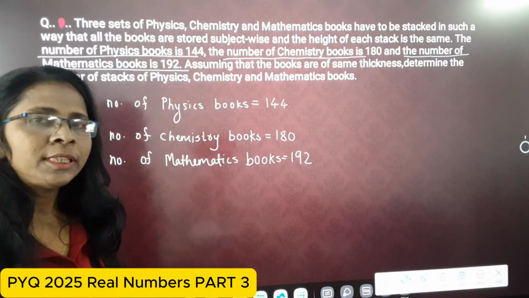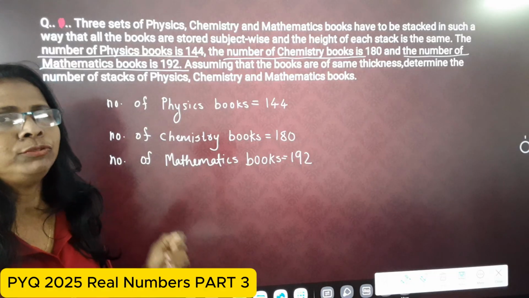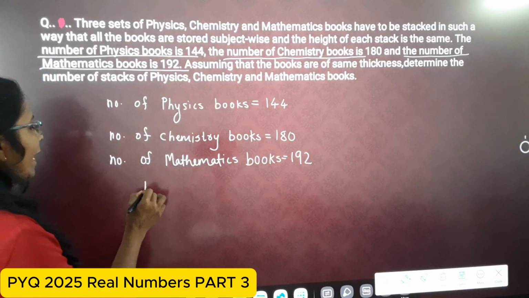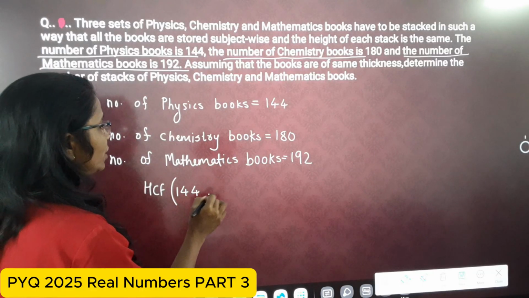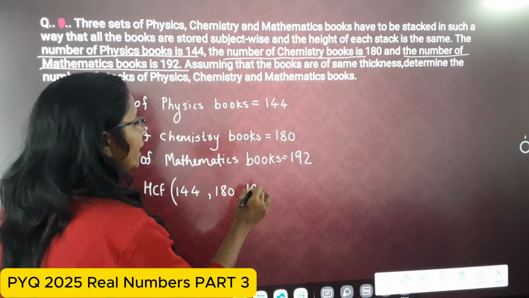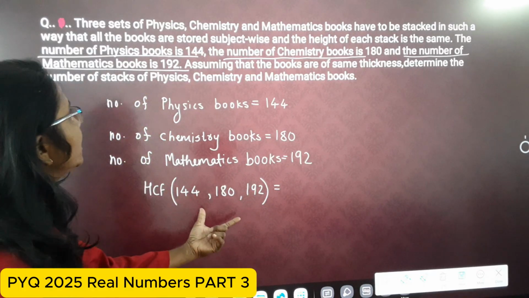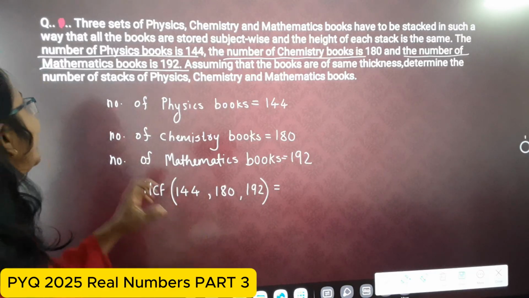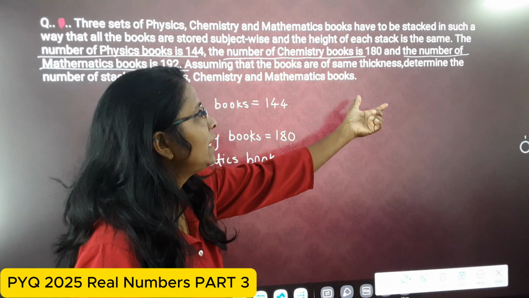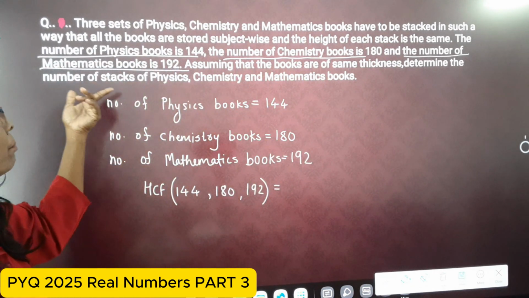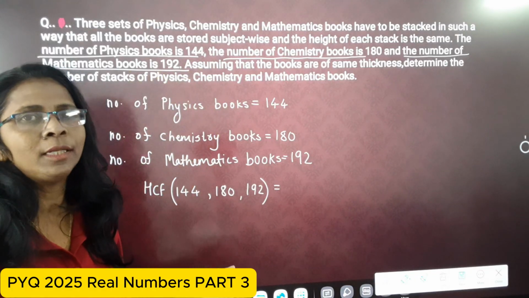Now we have the three numbers, students, so we have to find the HCF of these three numbers, 144, 180 and 192. We have to find the HCF because the books are of the same thickness and we have to determine the number of stacks of physics, chemistry and mathematics books. That's why we have to find the HCF.